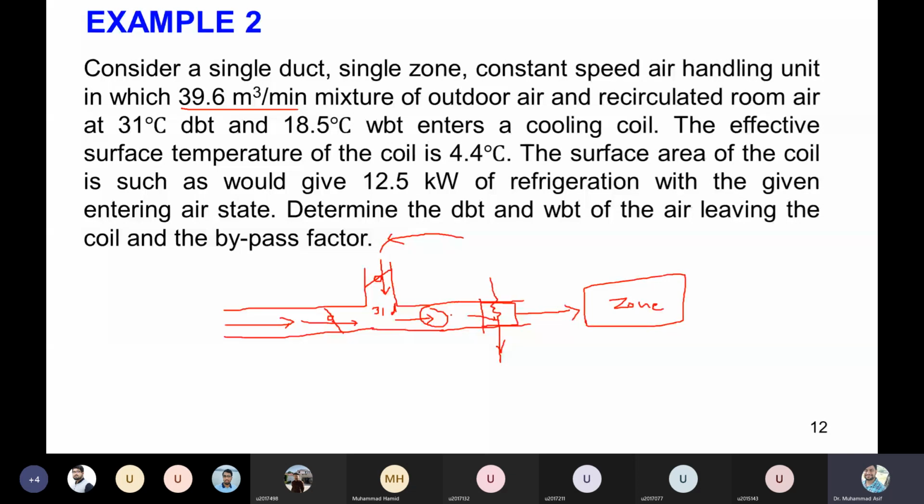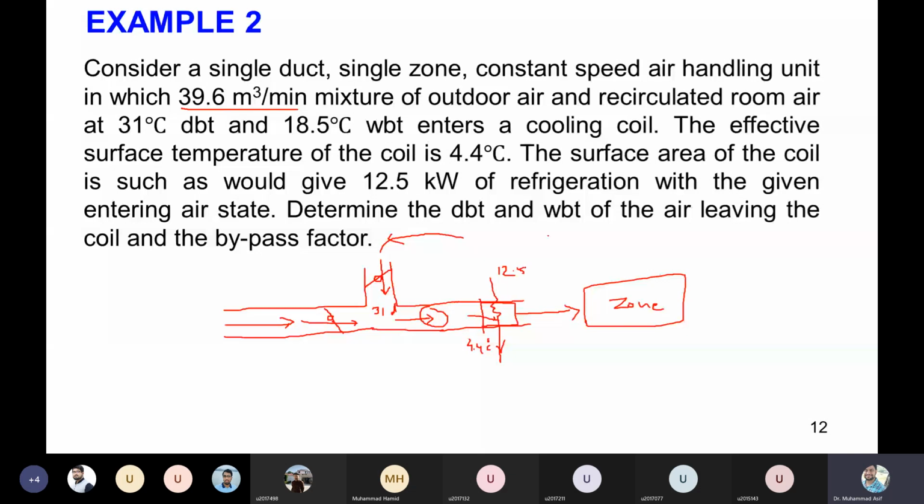The surface temperature of the cooling coil is 4.4 degrees C. And the capacity of that cooling coil is also given, that's 12.5 kilowatt.